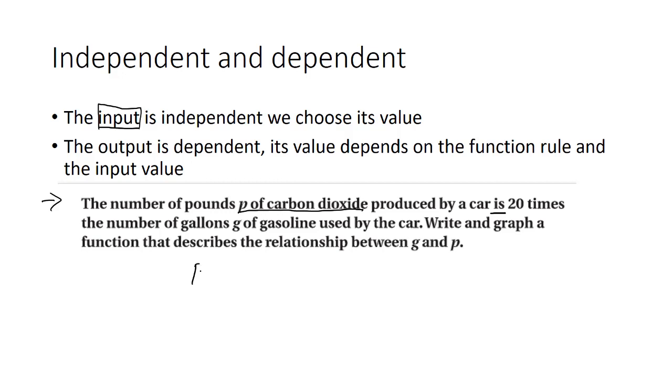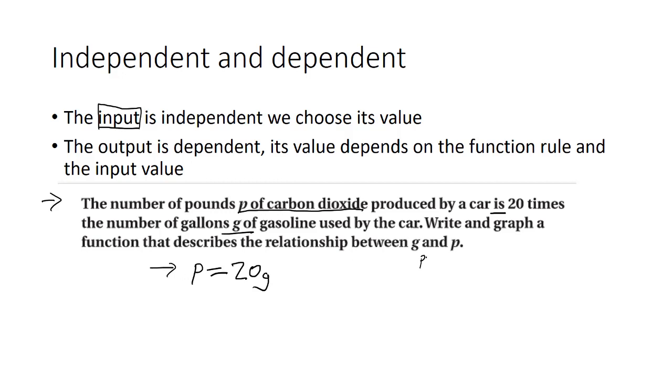So that is P is, because is means equals, 20 times the number of gallons of gasoline, G. P is 20 times G. Okay? That's what that said in words. Is equals gallons G, and it's 20 times that. So P equals 20G, which means the pounds of carbon dioxide depends on how much gas is burned.